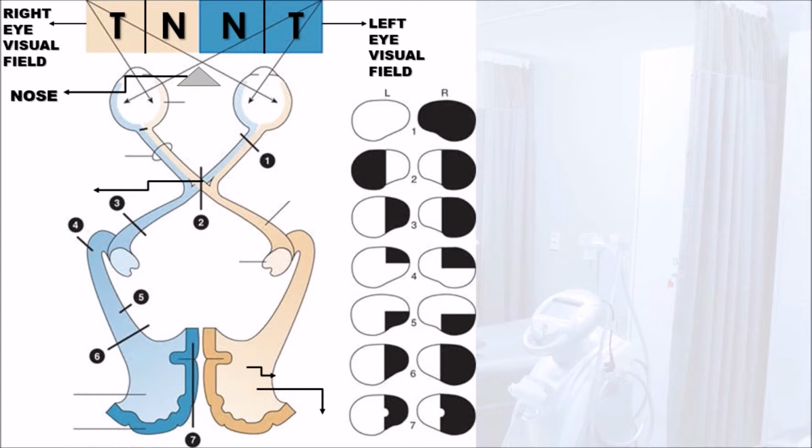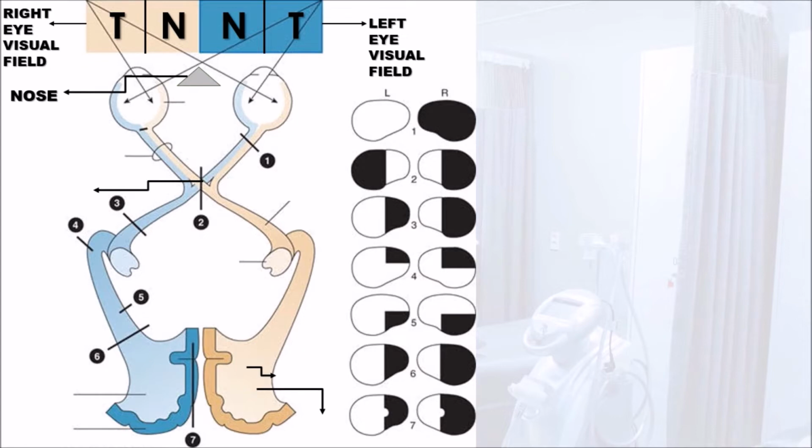The name comes from the location. We need to know this, it is very key. Once we know that, we have a fair idea of what's happening and how best to expand on the rest of the visual pathway.